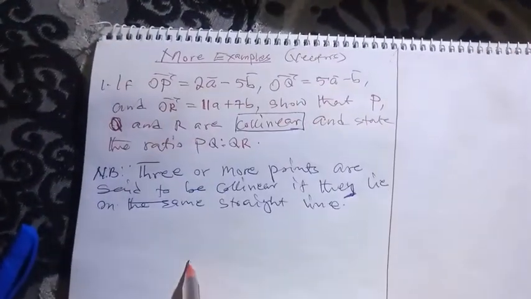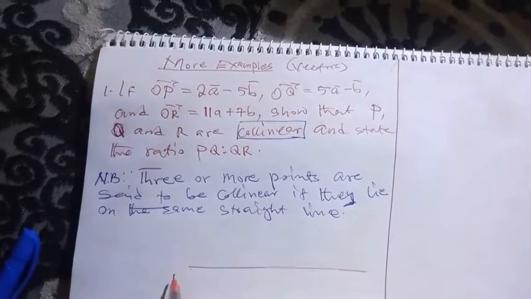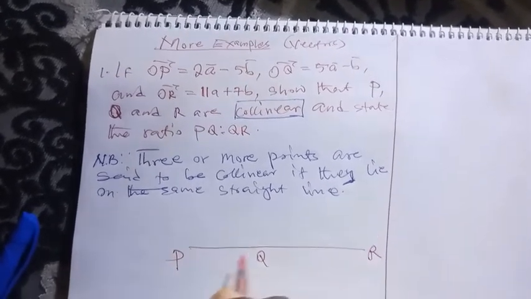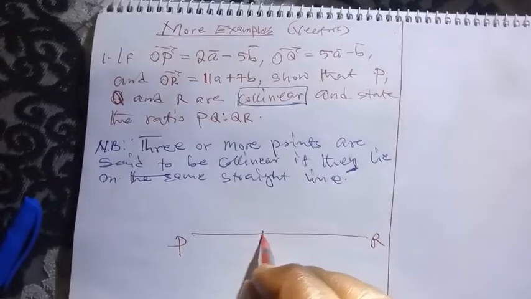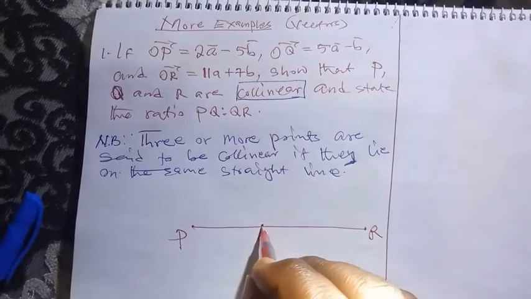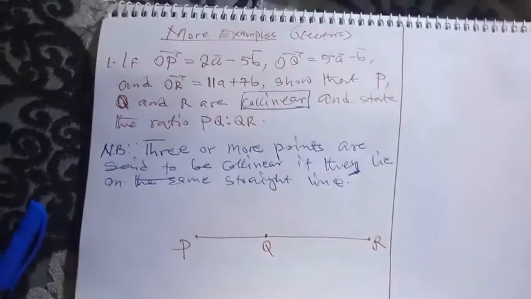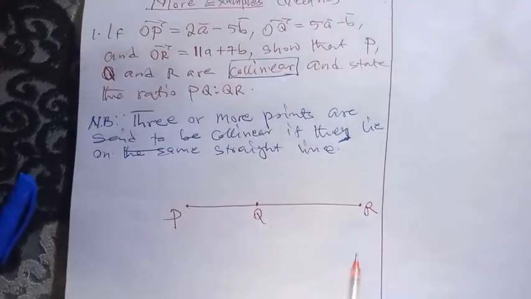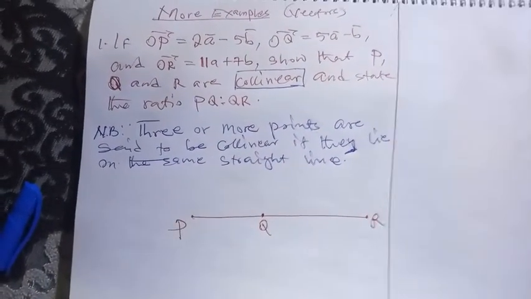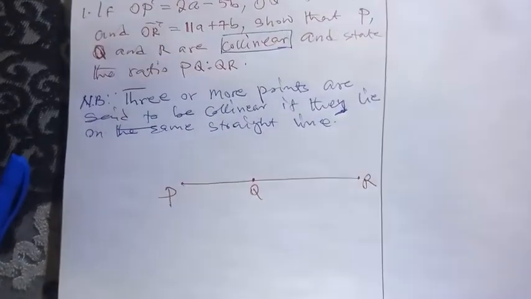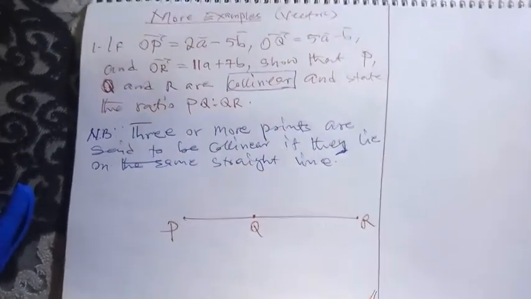For example, if I have a straight line like this, and I call here P, here Q, and then here R, they are on the same straight line and they are called collinear points. Otherwise, you cannot call them collinear points. Three or more points, many points, no matter how long the line is, the points on it are collinear points.